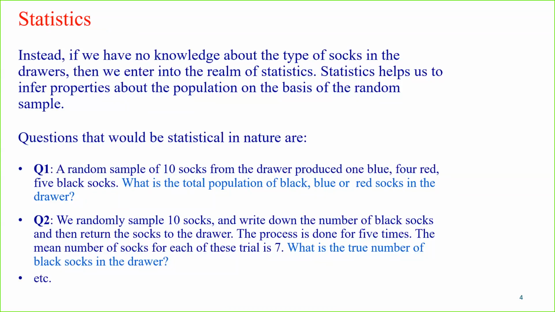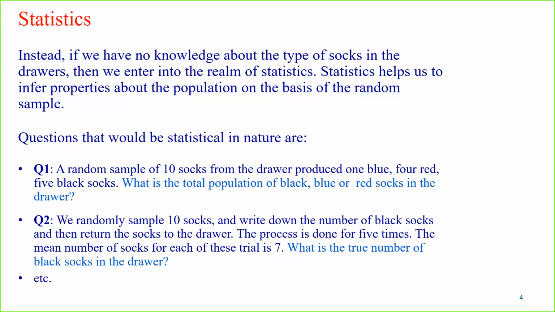So you see that if you look at the probability concepts, the underlying distribution or the underlying model is given to you. You're asking what kind of data you are likely to see given this underlying model. Whereas here, you're given the data. You don't know what is the underlying model. You're given the data and you're asking what kind of model might have generated this data.